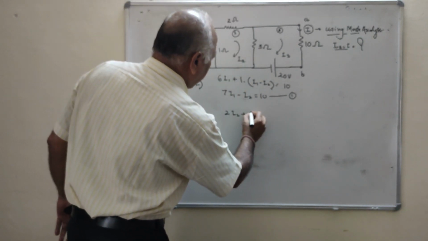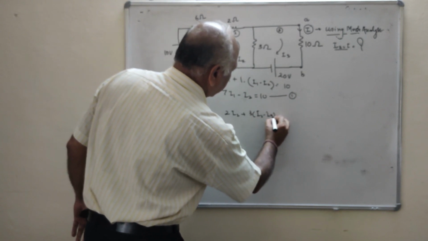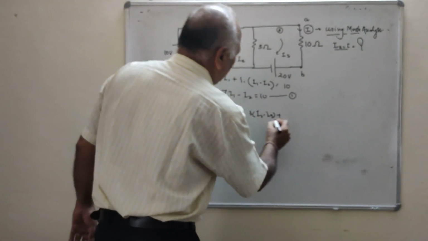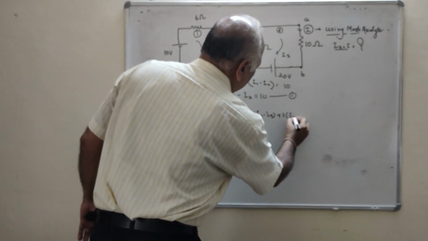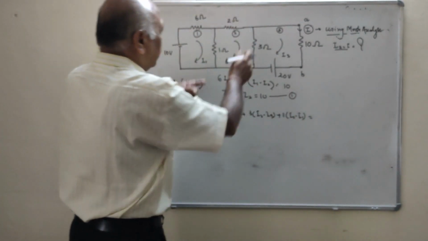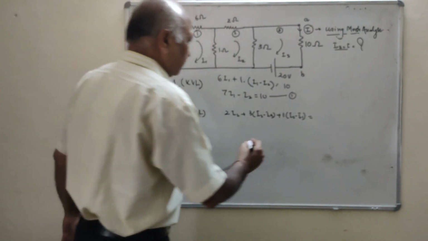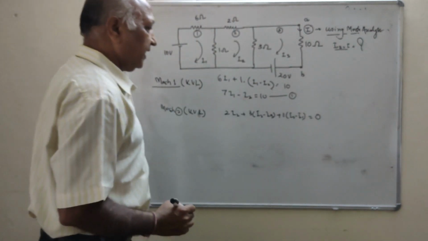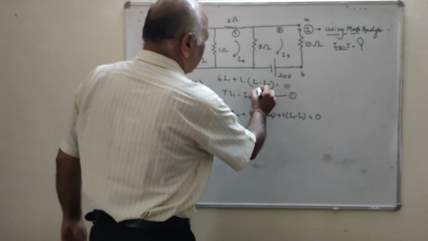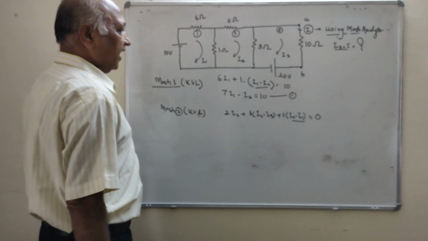That is 3 into I2 minus I3, plus here I2 is dominating, and the drop will be 1 into I2 minus I1. And what is the voltage source in this mesh? There is no voltage source. That means we will put 0 here. In mesh 1 we are taking I1 minus I2, here we are taking I2 minus I1.